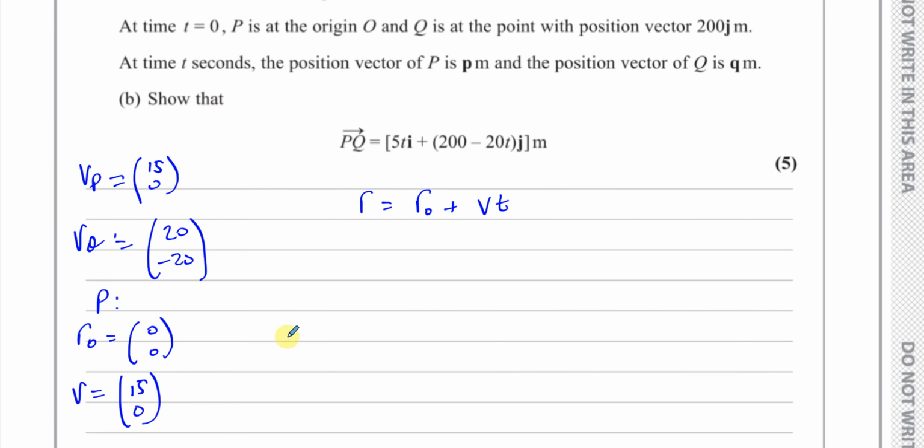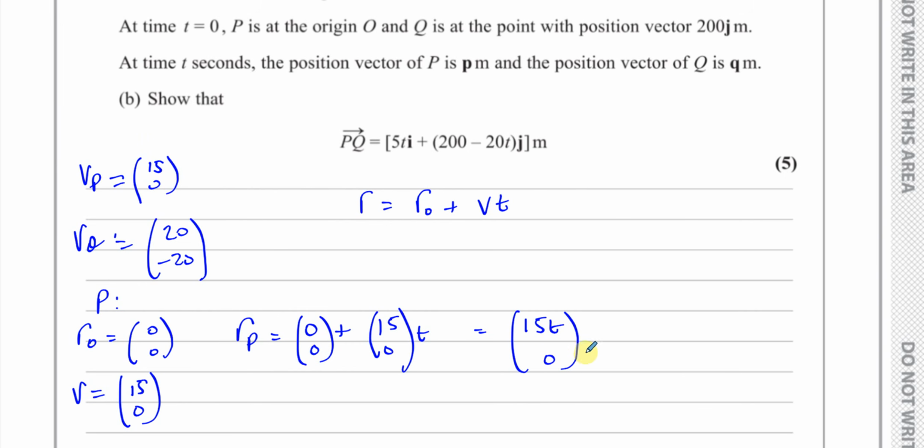So we can say that the position vector for P, for any time t, is going to be (0, 0) plus (15, 0)t, which is basically (15t, 0).